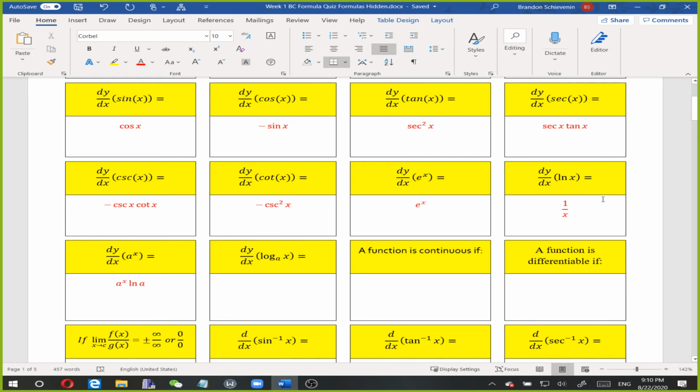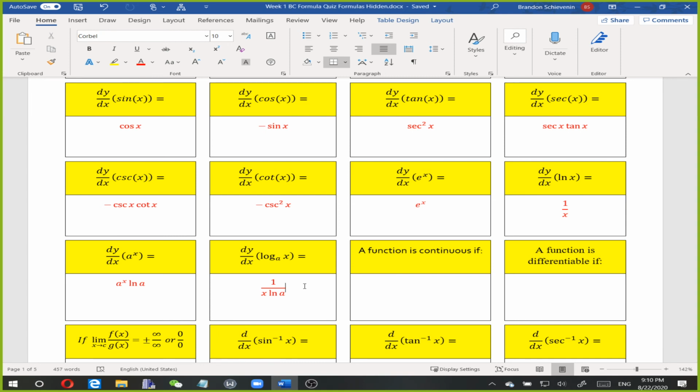Okay, 1 over x, and then ln a on bottom. And then again, if I plug in log base e of x, which is the natural log of x, then that would be the natural log of e for my ln a, which would be 1.